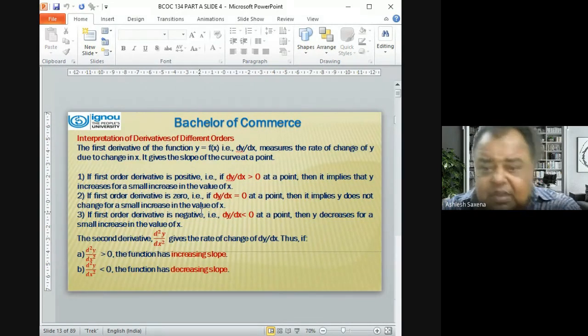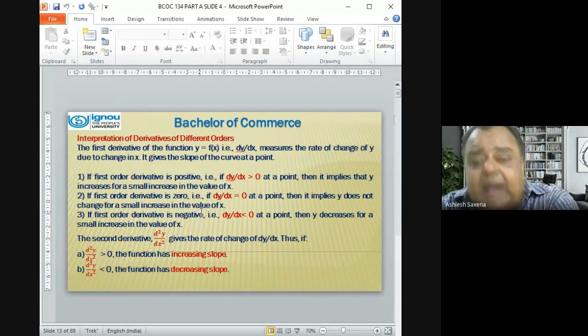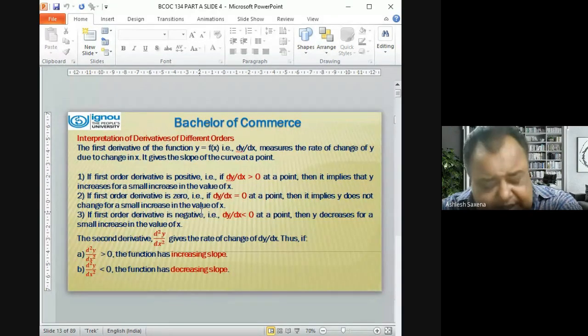Now, if your first derivative is positive, listen to it very carefully because it will be asked in your assignment as well as in your paper. Its application: if the first derivative is greater than 0, it implies that y increases for some increase in the value of x.